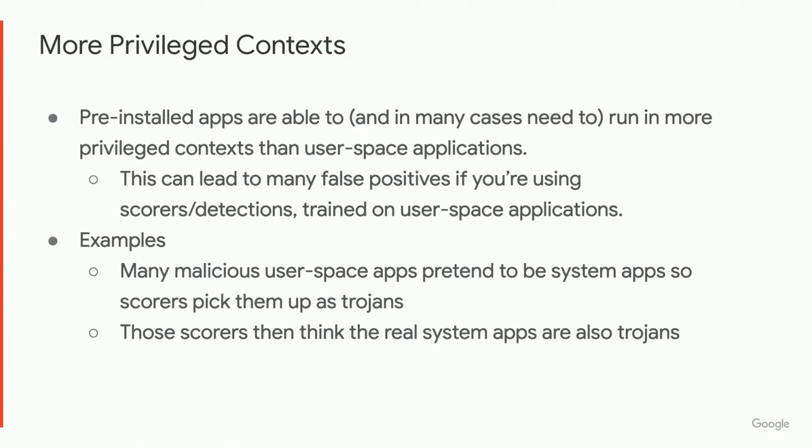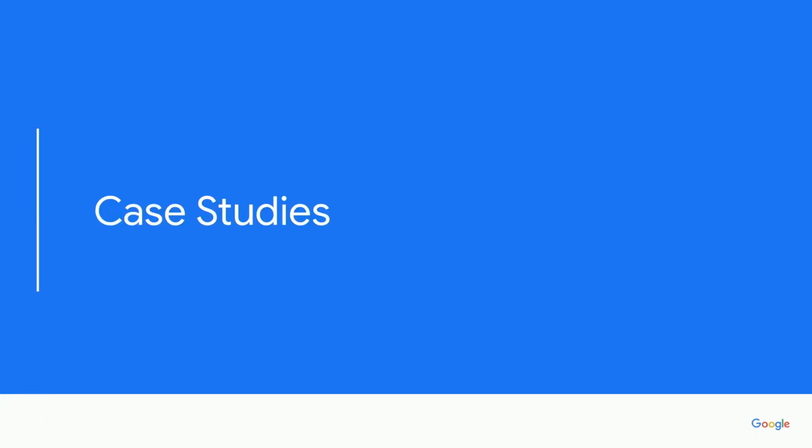So my suggestion to you is if you want to begin applying your tools and things like that to pre-installed apps, do it in small chunks at a time so you're not overloaded with false positives, and probably begin to think about what does SMS fraud look like in a pre-installed context so that you're not, for example, flagging the messages apps on devices.